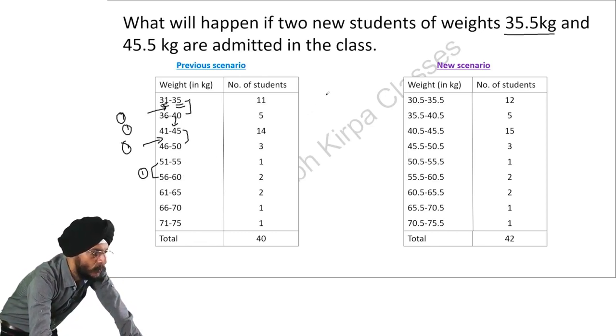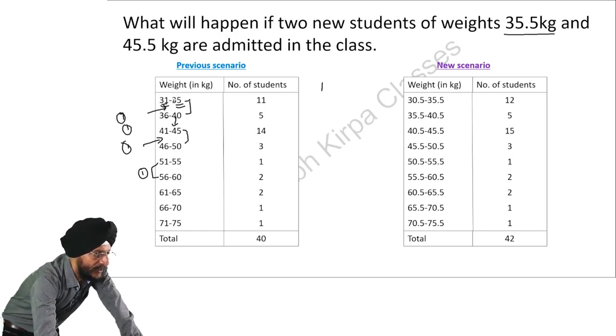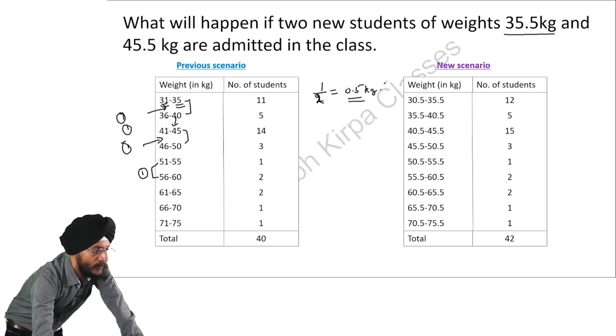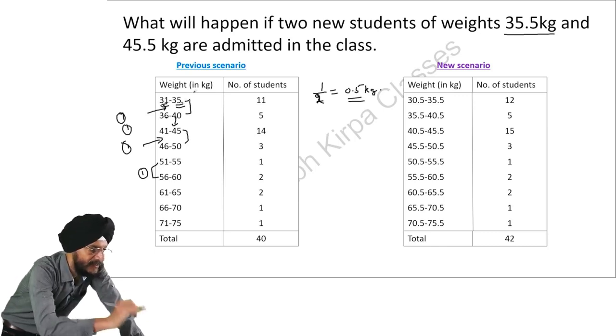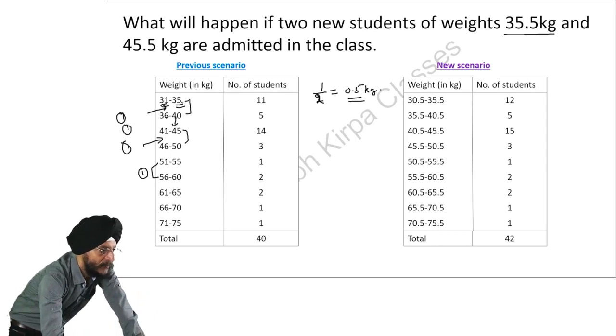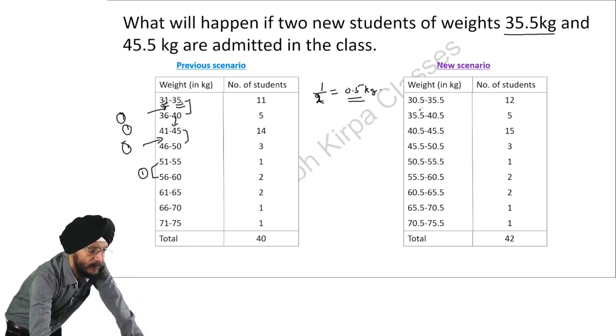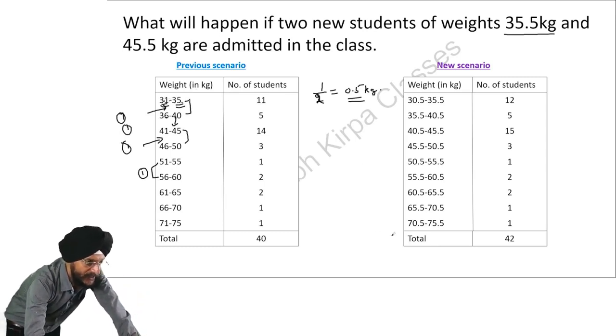So what we will do is we will divide the difference, which is 1, by 2 and it comes to 0.5 kg. We will add 0.5 kg to the upper class limit and subtract 0.5 kg from the lower class limit. We will go on doing the same in each group.